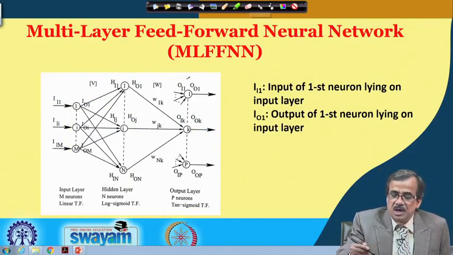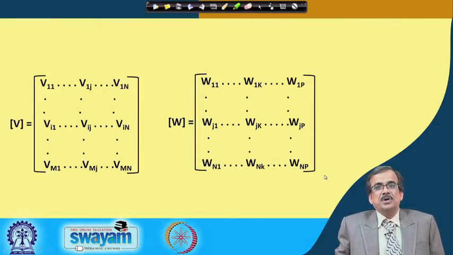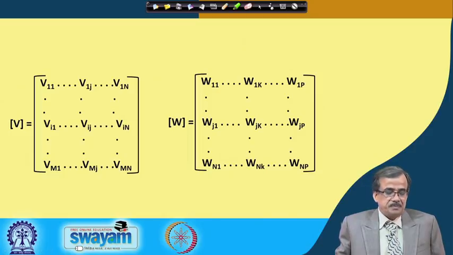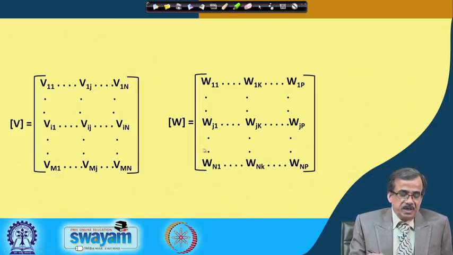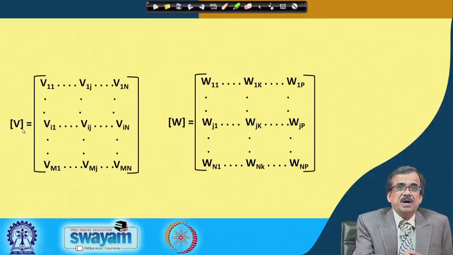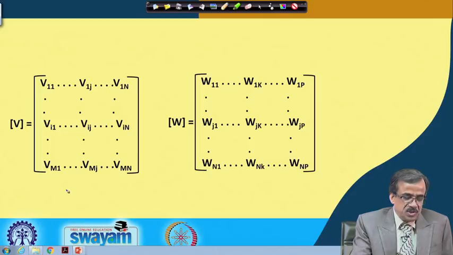Now, let me see how to carry out the forward calculation for this network. Before I go for that, I have already mentioned that V is nothing but the connecting weights between the input and the hidden layer, and this is a matrix of connecting weights, an m cross n matrix.